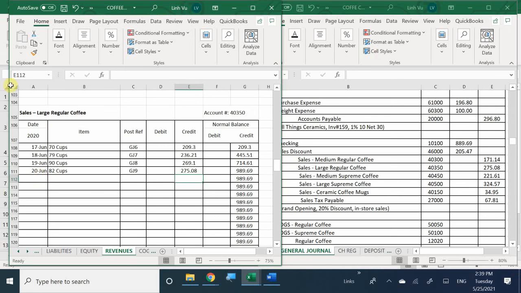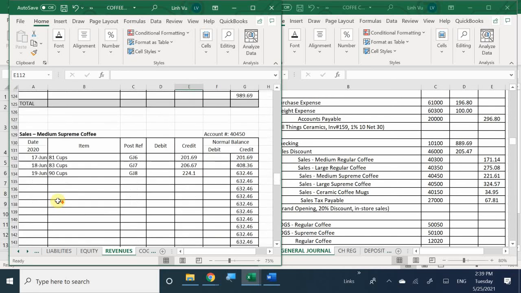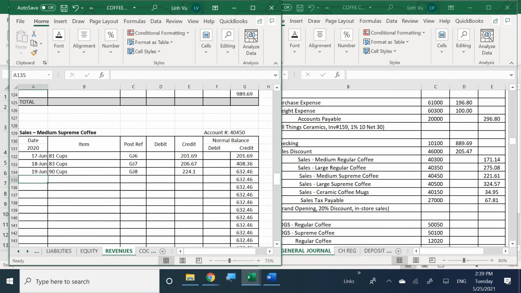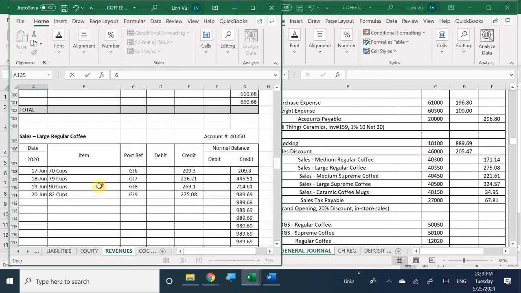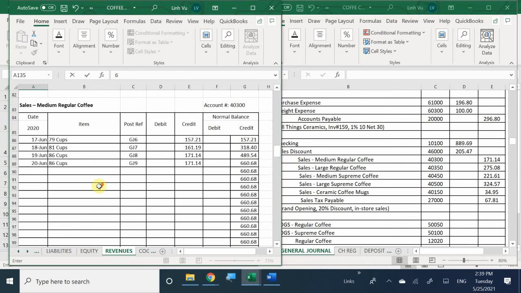And then down to the Supreme Coffee, which is the medium. Give everybody a couple seconds to catch up. So after I'm done with this, I'm going to put somebody else on the spot. Okay, come on, Alan.